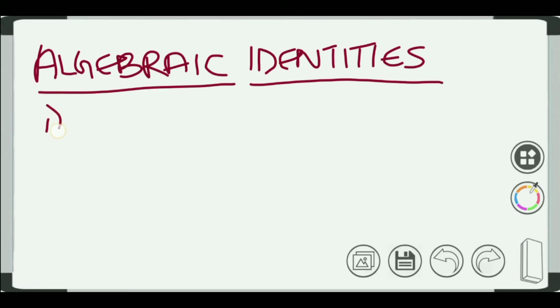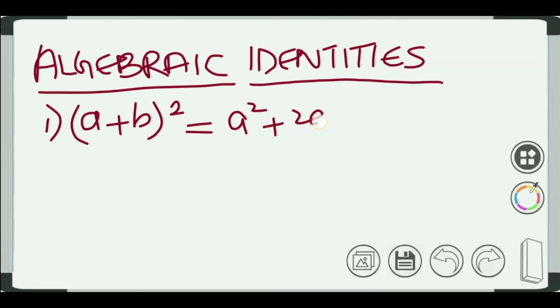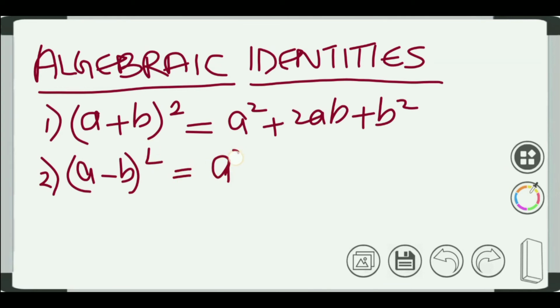Very important topic. Okay, it's very important. The 4 identities you have already studied in your 8th standard. What was that? First one was (a plus b) whole square equal to a square plus 2ab plus b square. Then (a minus b) whole square equal to a square minus 2ab plus b square.